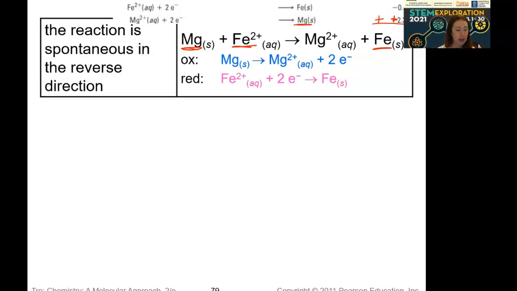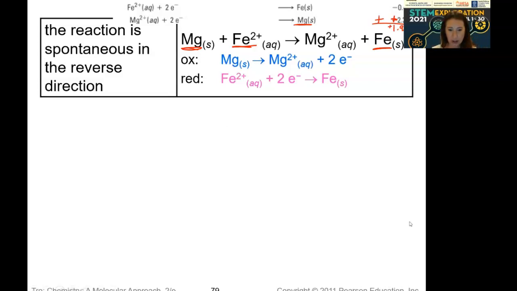When I add these potentials, I'm going to get a positive number, and a positive number means it is going to be spontaneous. So 2.37 minus 0.45 is 1.92, positive.